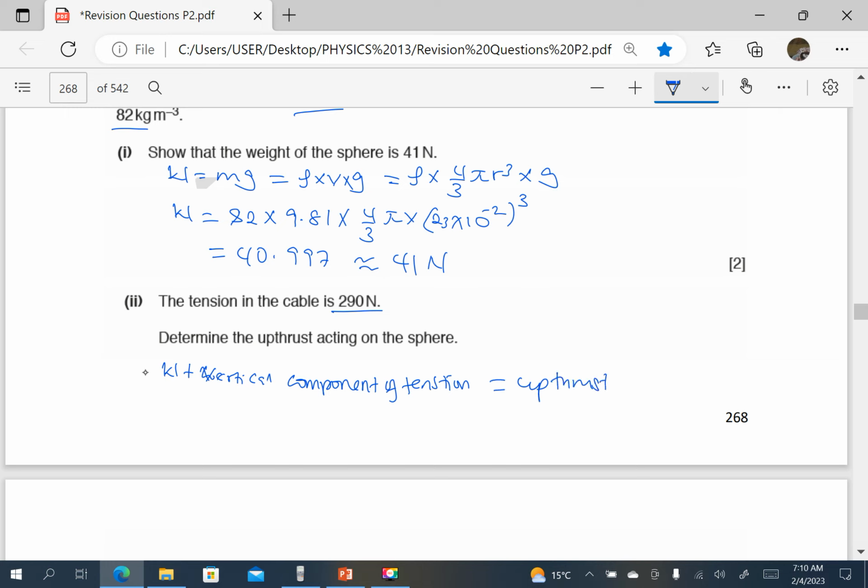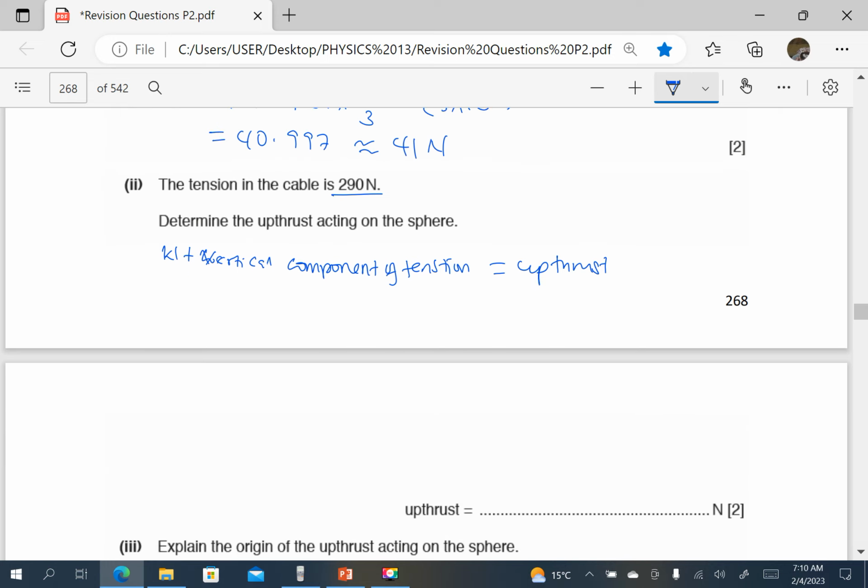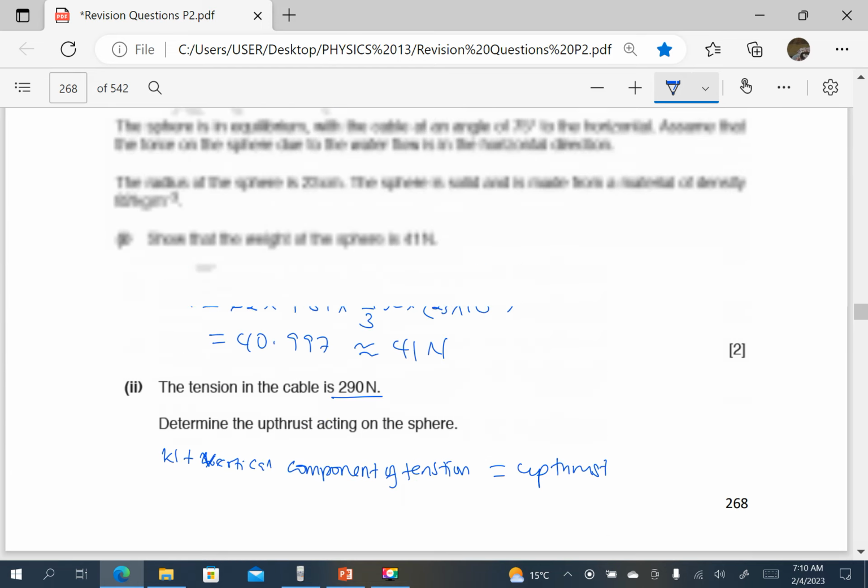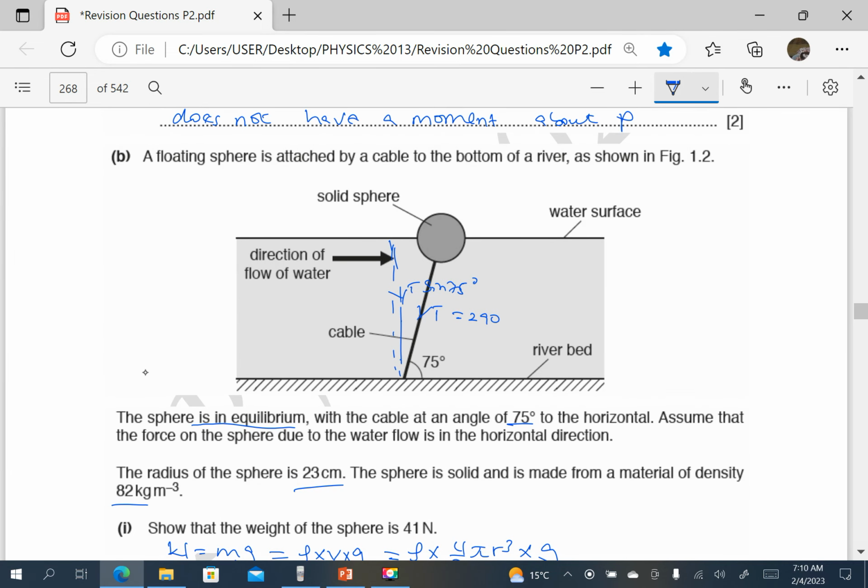So we need the component of the force in the vertical. The tension is acting at an angle of 75 degrees, so its component is going to be 290 sine 75 in the vertical. When we add it to the weight, then we get the upthrust. Note that the tension is downwards because the direction of the water is actually pulling away the solid sphere. The weight of the sphere is also vertically downwards. So the sum of the two forces vertically downwards should be equal to the force upwards, which is the upthrust.